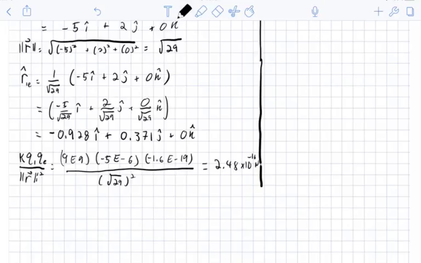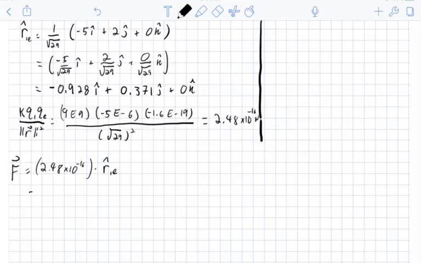Okay. Now to find the force, I'm going to multiply 2.48 times 10 to the minus 16 times r hat 1e.